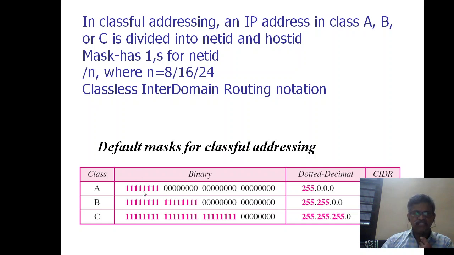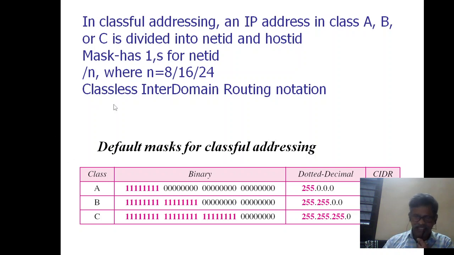Mask means the net ID portion as ones and the remaining are zeros. So eight ones followed by zeros is 255.0.0.0. So we put /8. So the 8 leftmost bits are 1. That is the meaning.